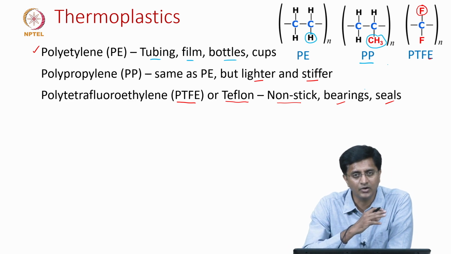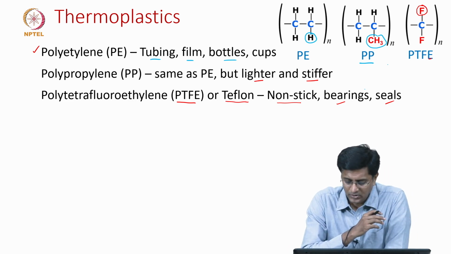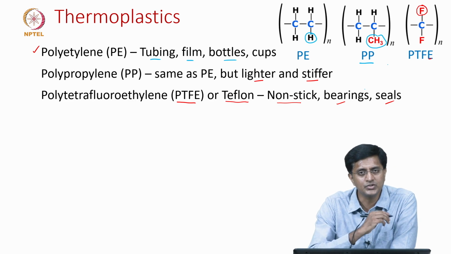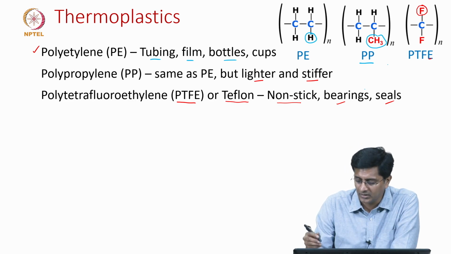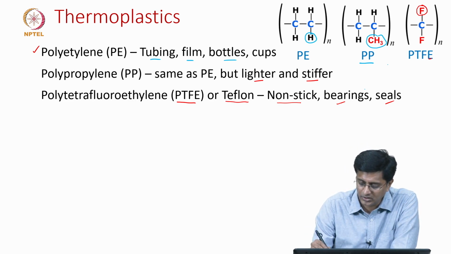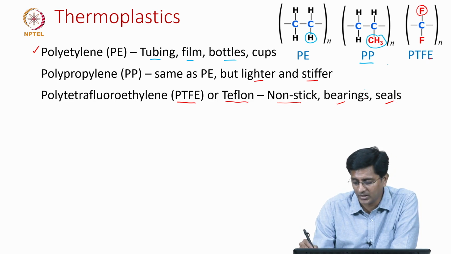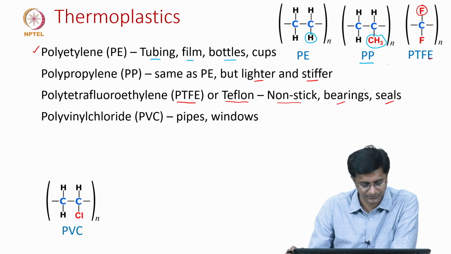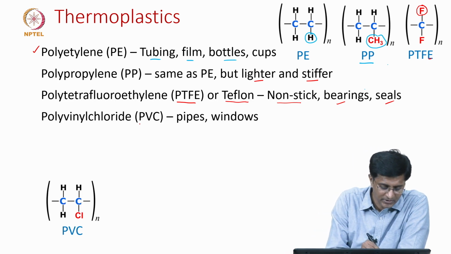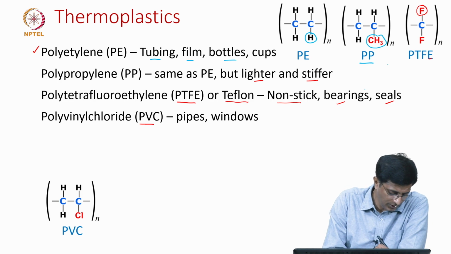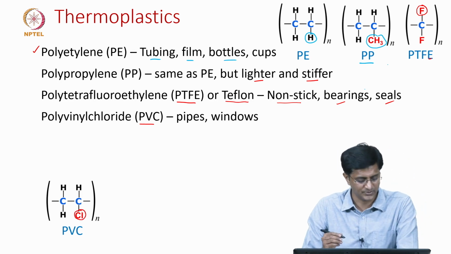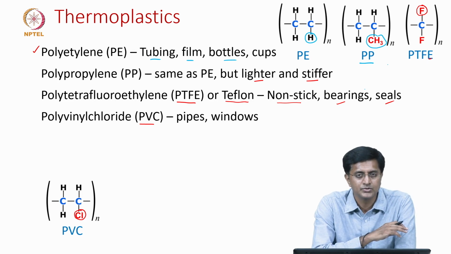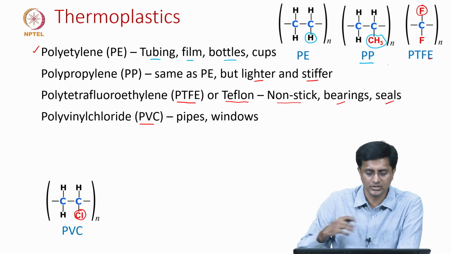Fluorine is a non-sticky atom, which is why it is used as a solid lubricant, and that explains why it is used in lubrication-free bearings and seals. Next we look at PVC. Again, here we replace hydrogen with chlorine atoms. PVC is commonly used in pipes and windows.